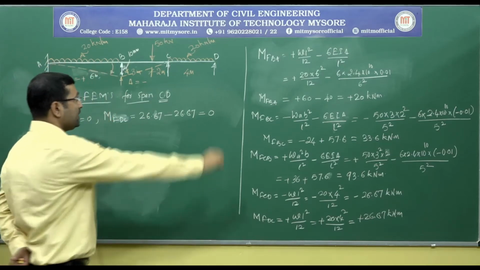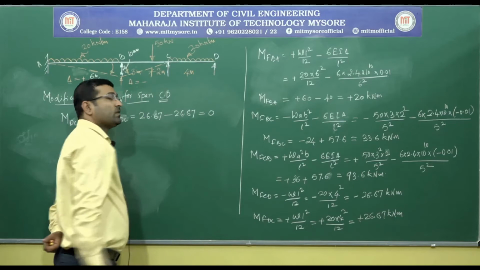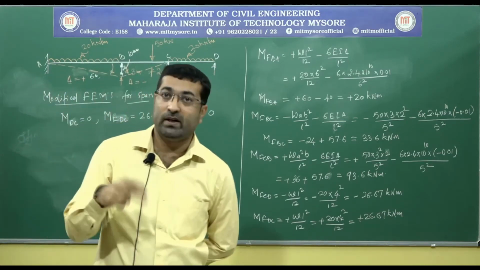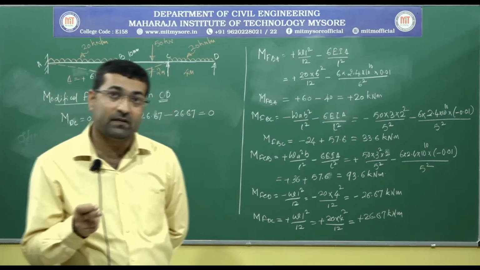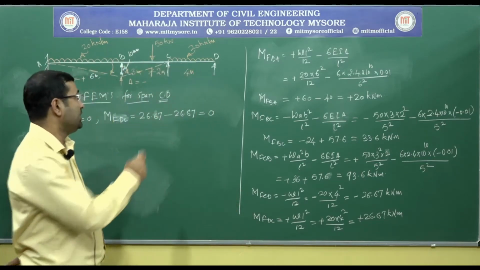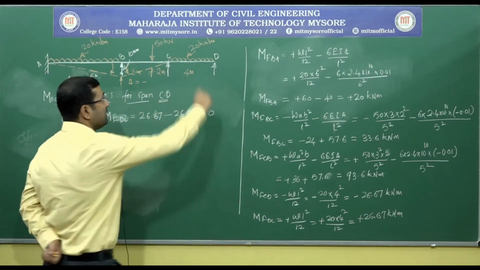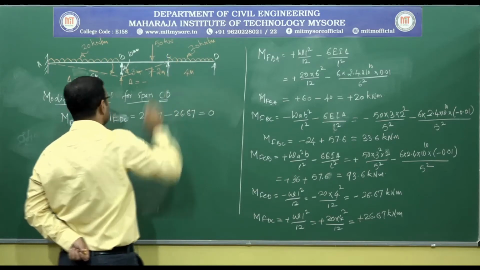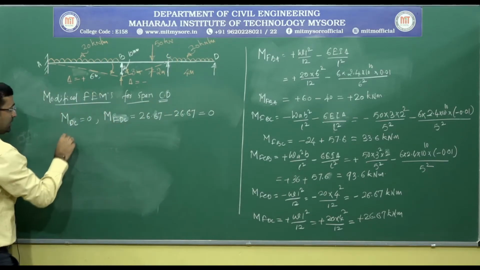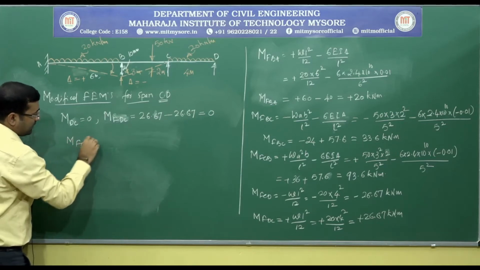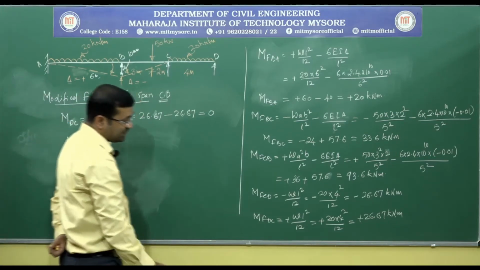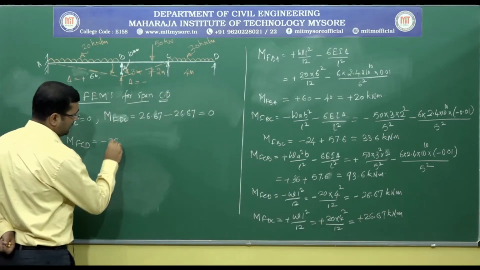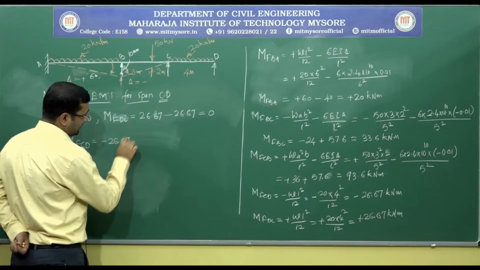So to make this 0, we are applying an equal and opposite moment here. Whenever we are applying an additional moment to make something 0, half of that moment has to be transferred to the other end of the same member. When I apply some moment here, half of that will be transferred there. It means MFCD will be modified. The existing MFCD is minus 26.67.